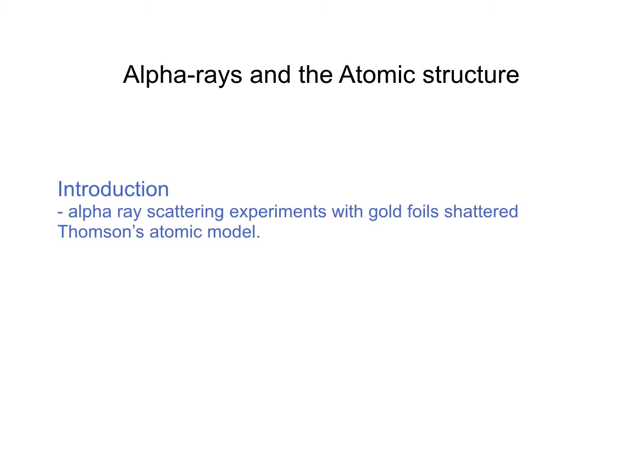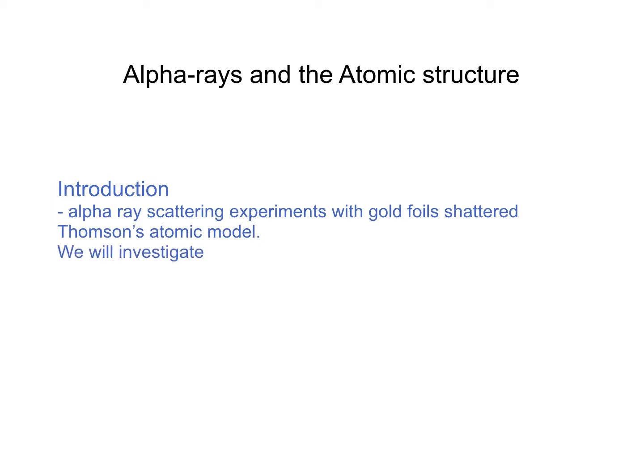Alpha ray scattering experiments were initially done but were not analyzed until Rutherford came along, and he was a student of Thomson. Ironically, Thomson's model was shattered by the alpha ray experimental data by his own student.